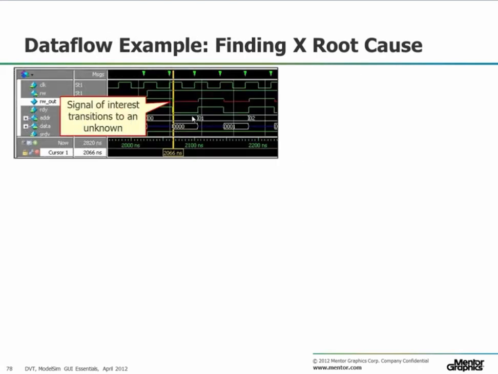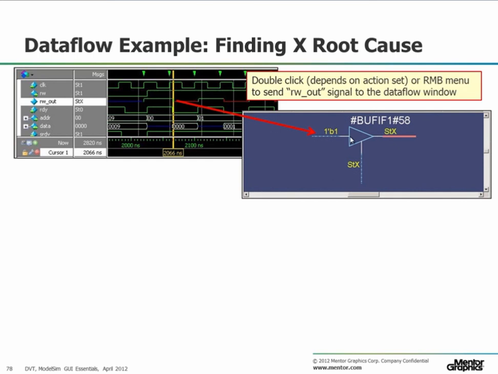And then a special feature is finding root causes of X's. So if I see this signal right here that's an X, what I can do is double click on that and open up the trace window. It shows me that it's this buffer, and I see that the reason the output is an X is because the select on that buffer is an X. So I could double click on that and trace back a little further, and I could do that manually.